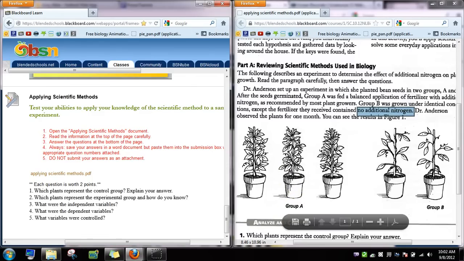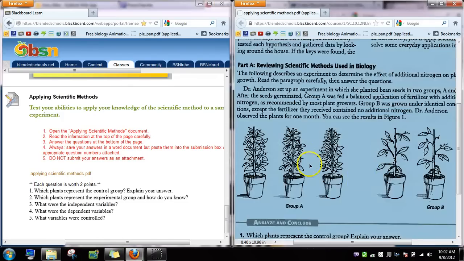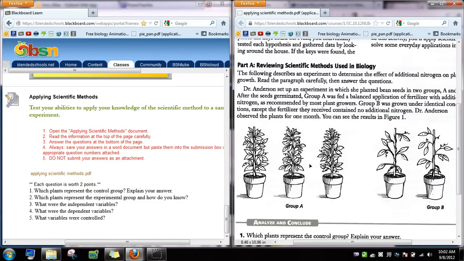Remember, the control group is the group where everything is normal, like you would find it in the natural world or under the original conditions, so that you have something to compare your experimental results to. So which group? Group A, that received additional nitrogen in their fertilizer, or group B that did not receive additional nitrogen would be the control group, would be the natural group, the normal group. And then explain your answer, explain why.